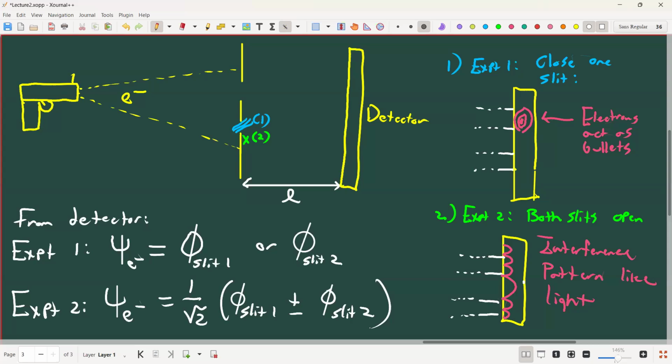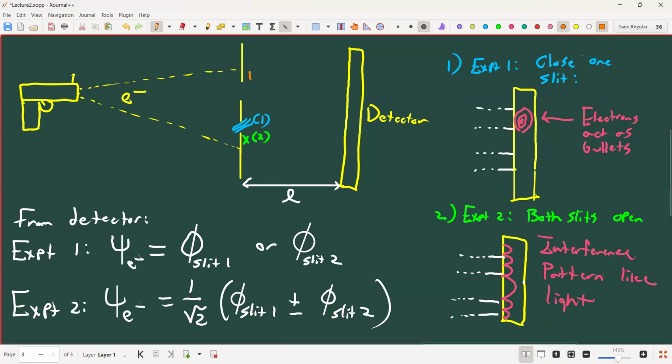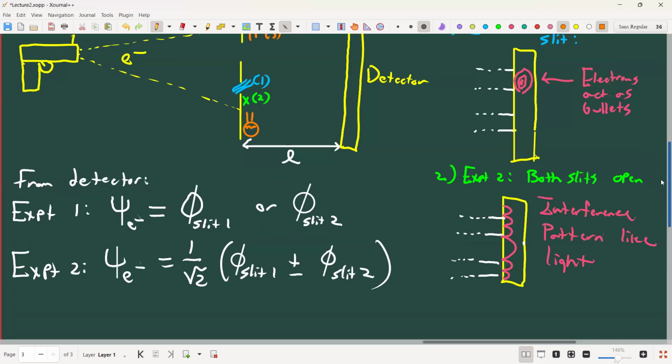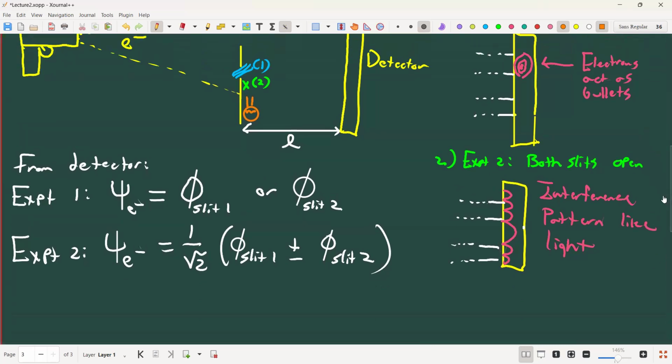I think people have done this experiment before too, where instead of detecting the electrons on the screen, I'm going to put two little light bulbs at each of the slits. All right, so this is experiment 3.